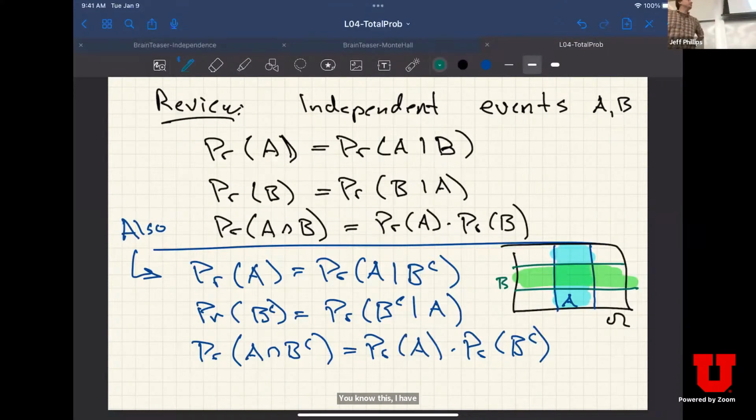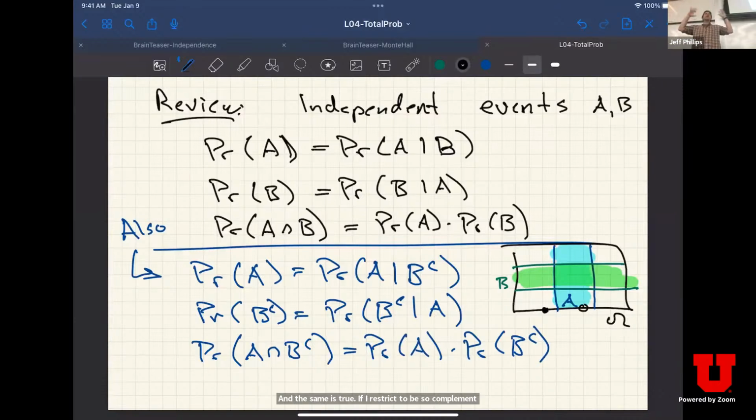If I restrict to B, well, then I have the same proportion of A. A only depends on the X coordinate. Whatever X coordinate I choose, this point is not in A, and this point here is in A. For any Y coordinate I get, it only depends on X. So if I restrict to B, then I get the same proportion of points inside of A. And the same is true if I restrict to B complement as well.